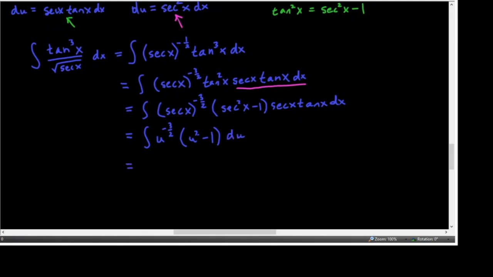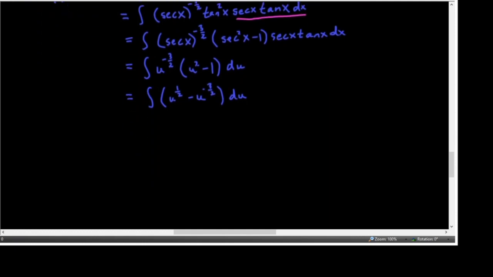Now simplify that integrand by distribution. So that'll be u to the 1/2 minus u to the negative 3/2 du. And then it's ready to integrate.